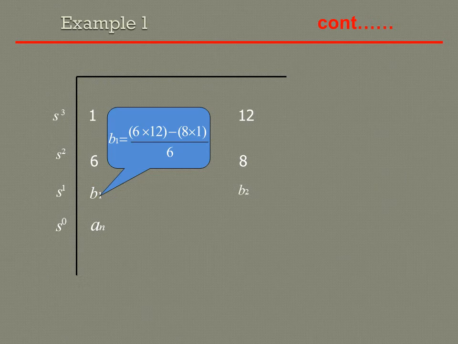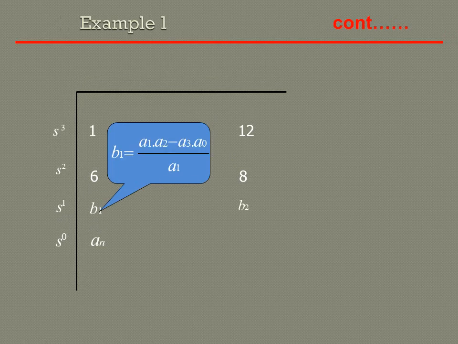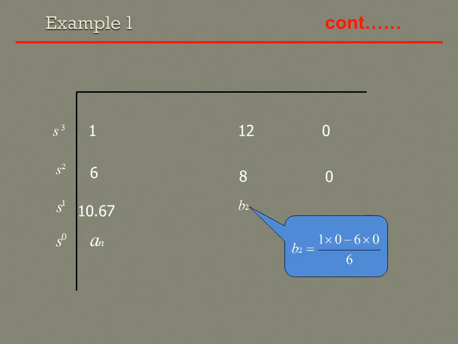So to calculate b1, see how b1 is calculated. 6 into 12 minus 8 into 1 divided by 6. That is nothing but a1 into a2 minus a3 into a0 divided by a1, which comes 10.67.